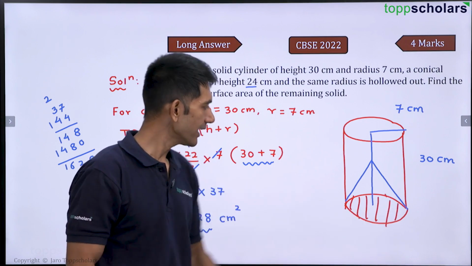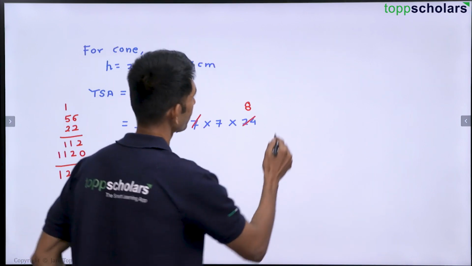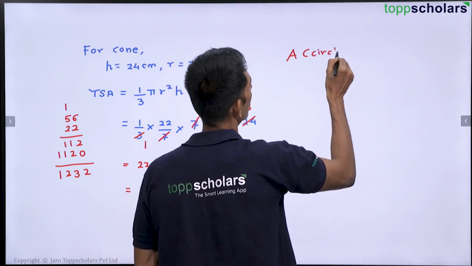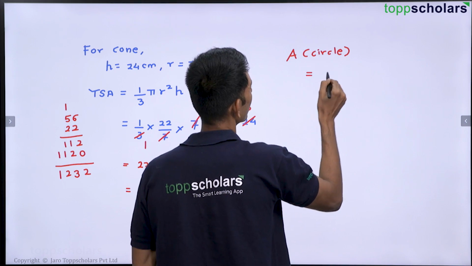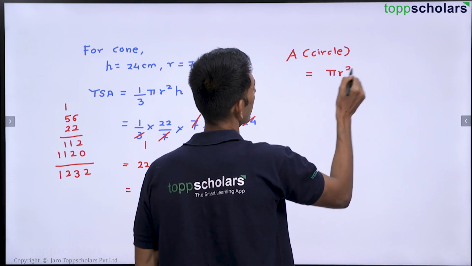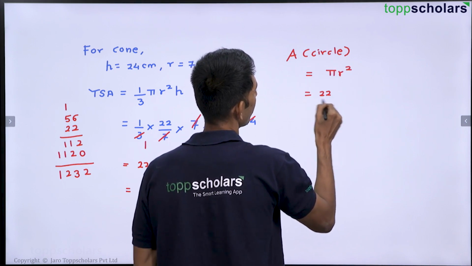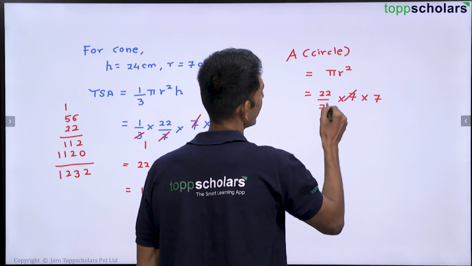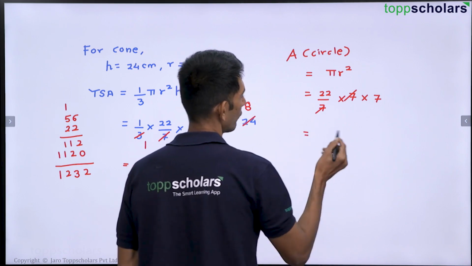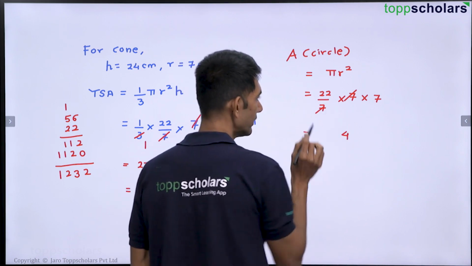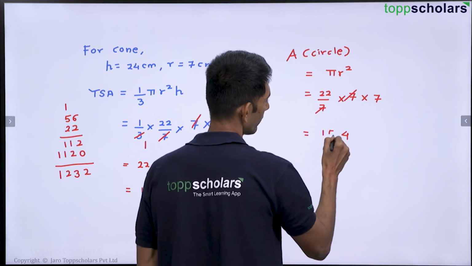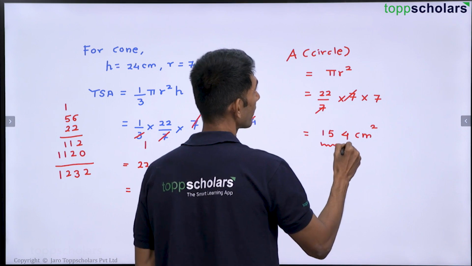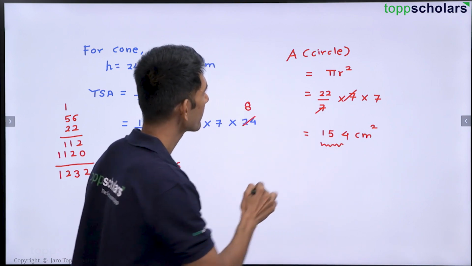So the area of the circular base is pi r square, that is 22 by 7 into 7 into 7. This gets cancelled. 7 twos are 14, 4 carry 1, 7 fives are 35 plus 1 is 36... so 154 centimeter square is the area of the circular base, but the circular base is repeating.